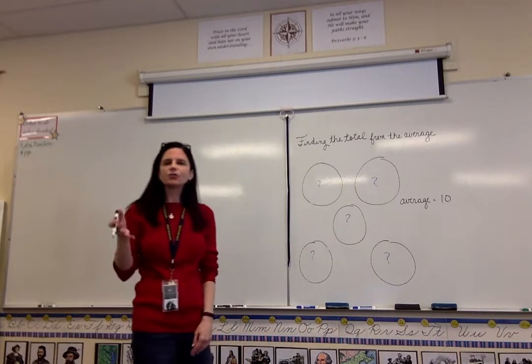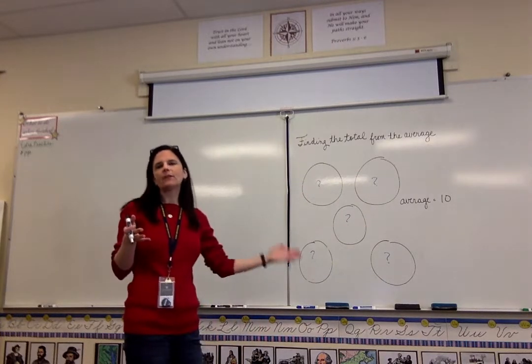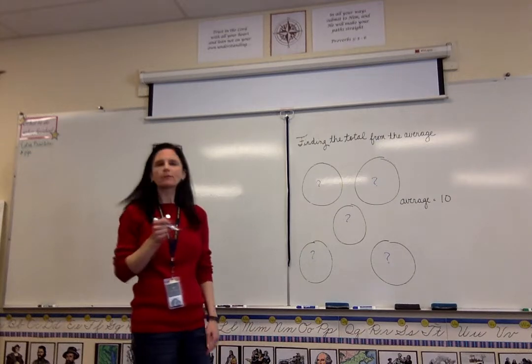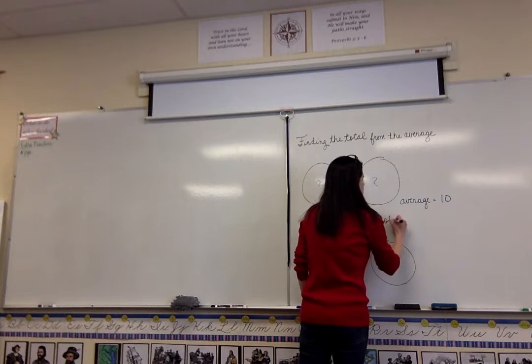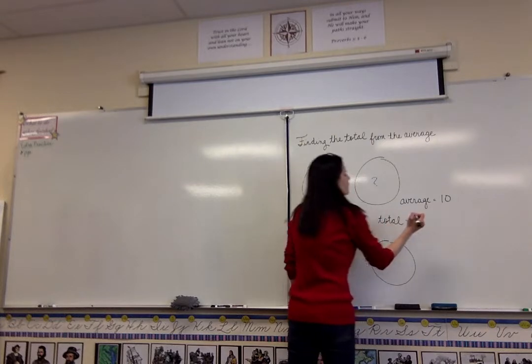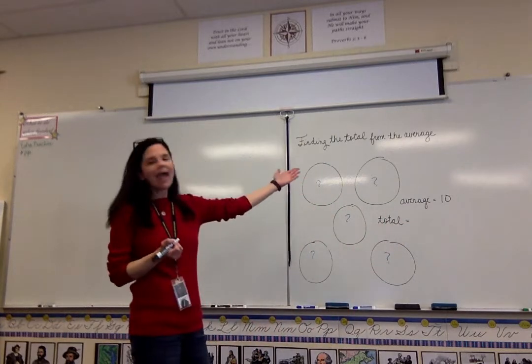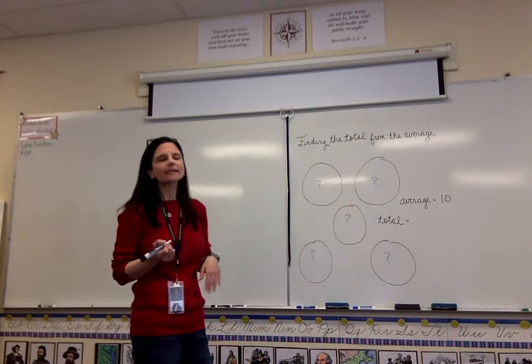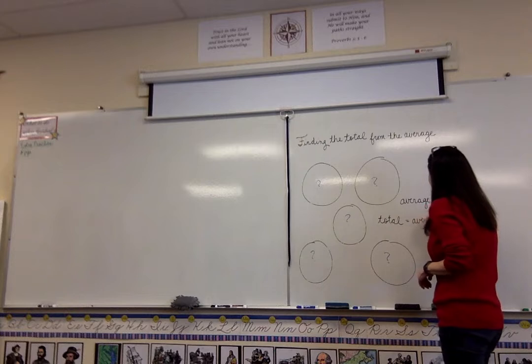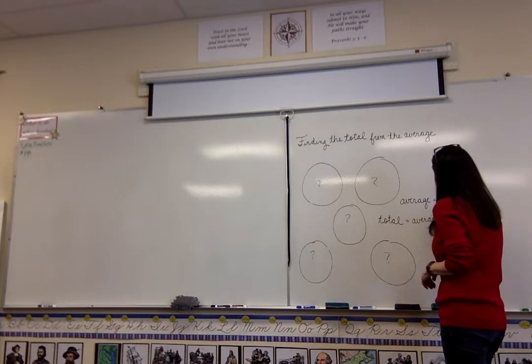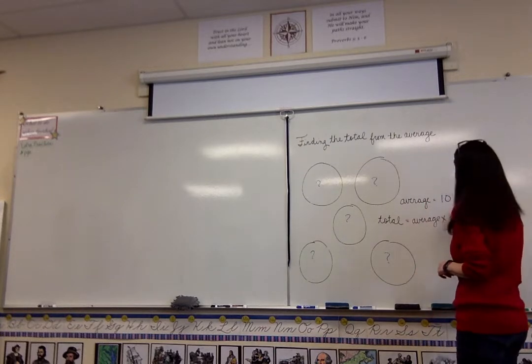Can I find the total number of beans if I'm given the average? Well, sure. You probably can already tell me how I can do that. To find the total number of beans, all I need to do is take my average and multiply it times the number of items. So I have our number of groups. I'm going to take my average and multiply it times the number of items or groups here.